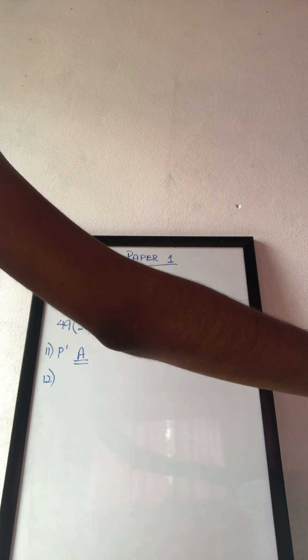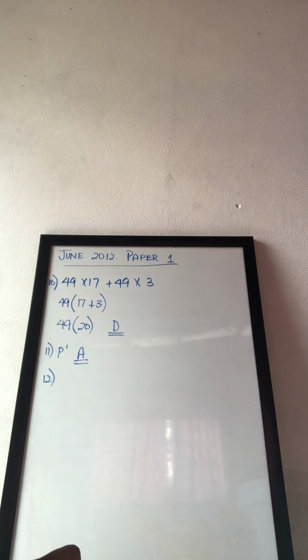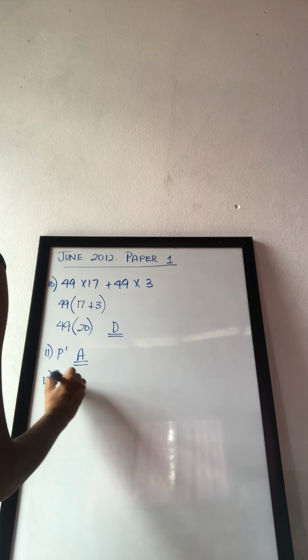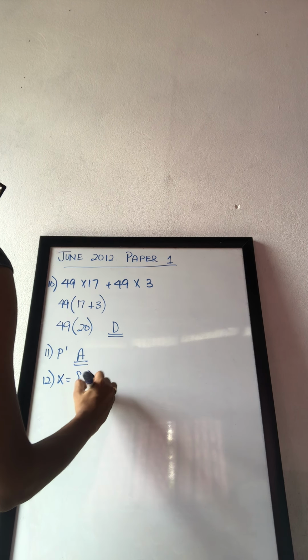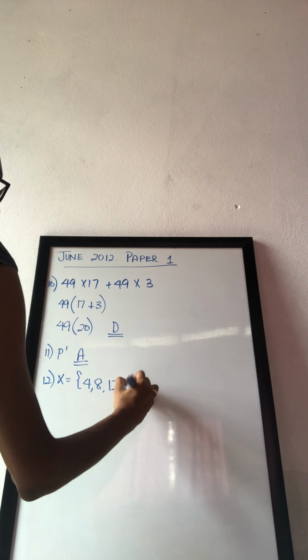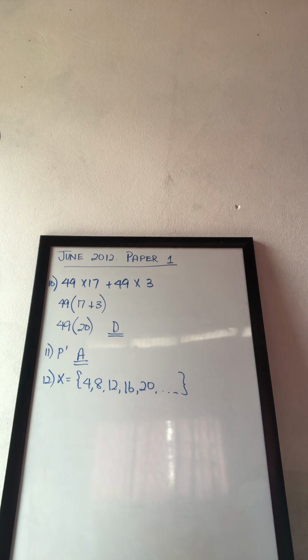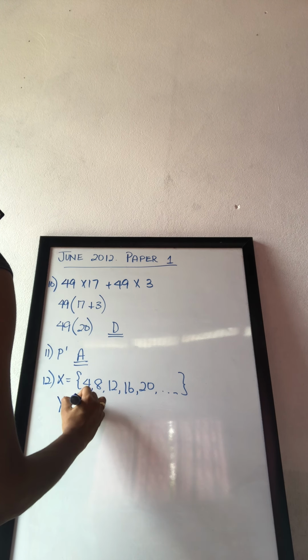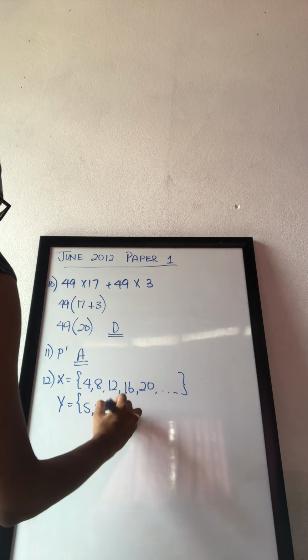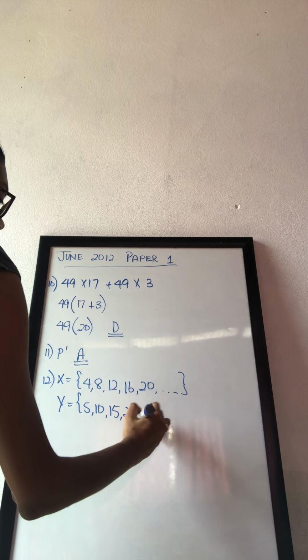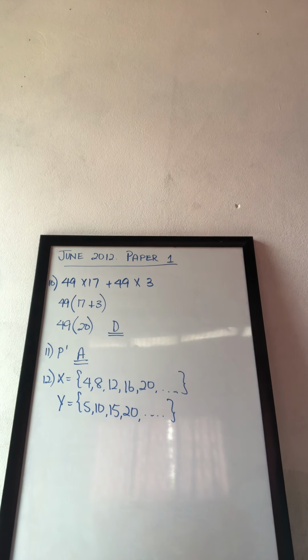Number 12. In the figure above, x represents the set of the multiples of 4. Right, so the multiples of 4 would be 4, 8, 12, 16, 20, going on, right? And then they said that y would represent the set of multiples of 5. So this would be 5, 10, 15, 20, and so on.